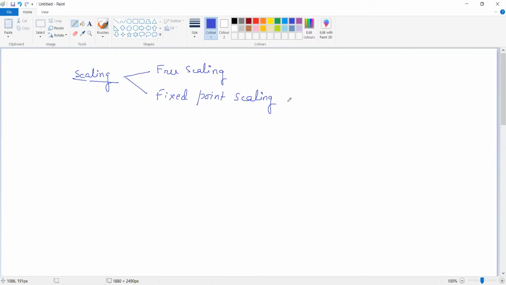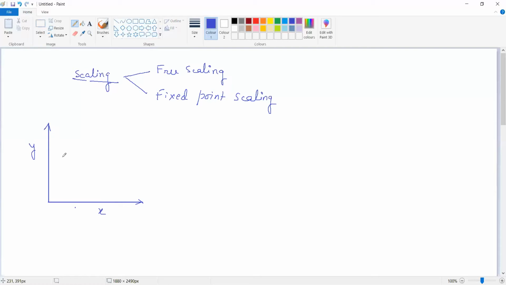Okay, so first I will discuss what is free scaling. Now consider the XY axis. So this is my x-axis, this is x, and this is y.